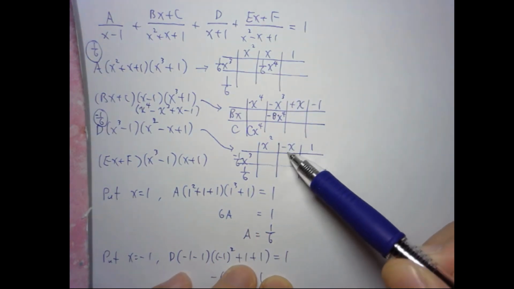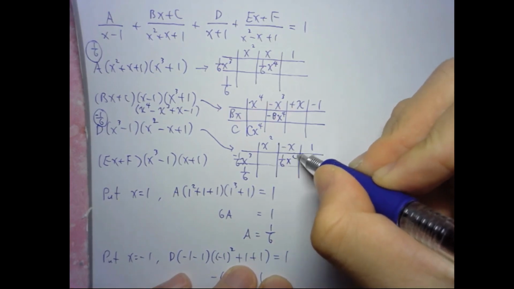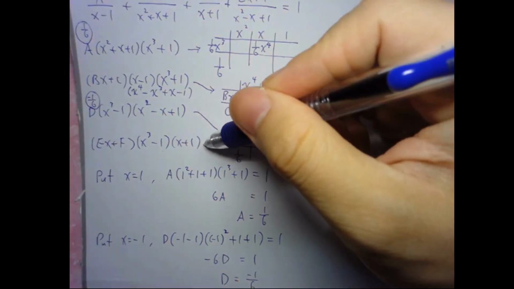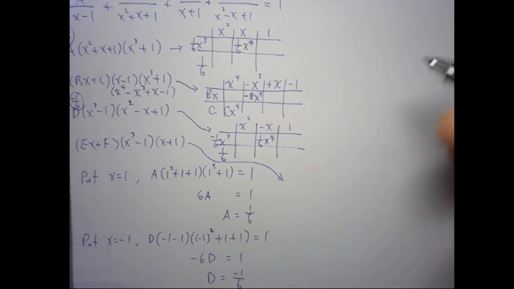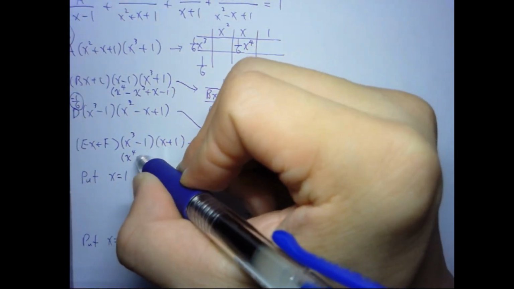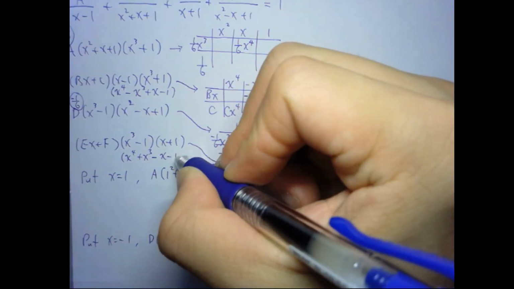So this box can give me 1 over 6 x to the power 4. Okay, for the last one I need to do it here. Give me some space. I need to expand first, which is x to the power 4 plus x cubed minus x minus 1.